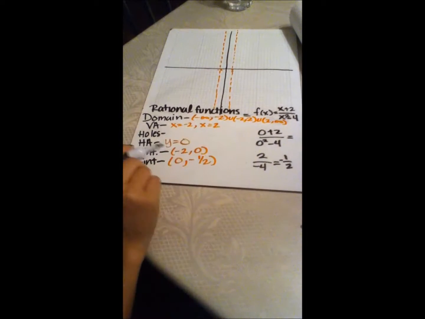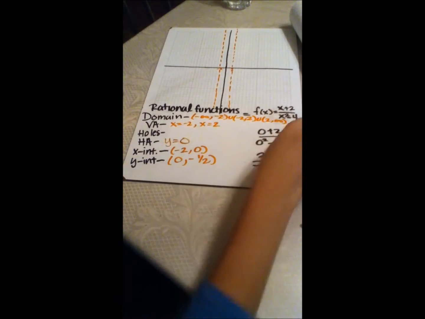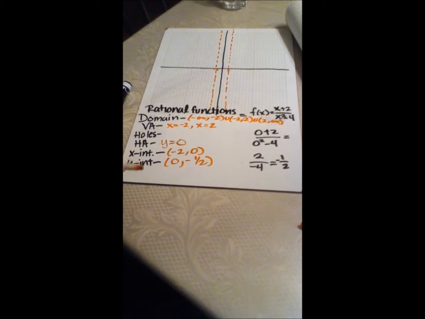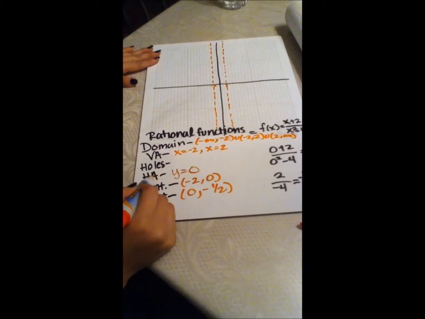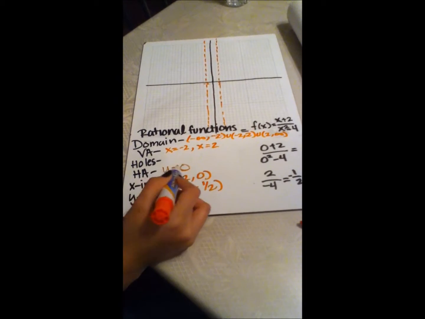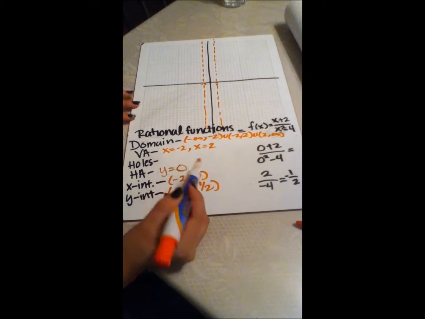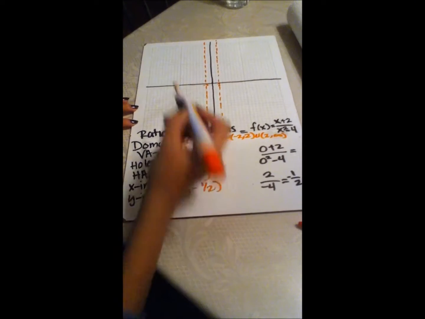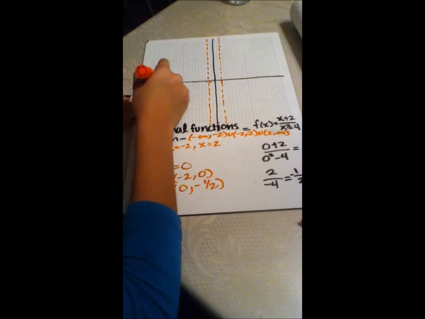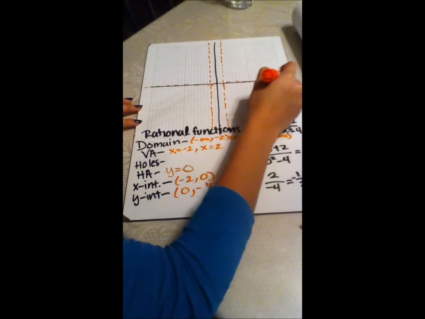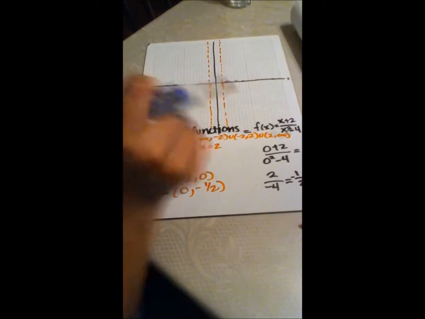As soon as we got those answers, we can start plugging in the horizontal asymptote in our graph as well. So our horizontal asymptote is at 0, so that is where our horizontal asymptote will be.